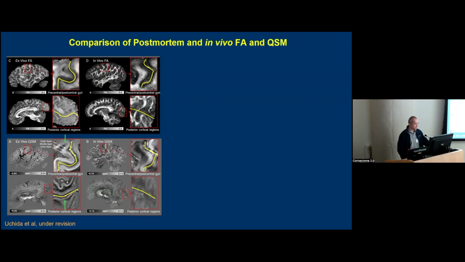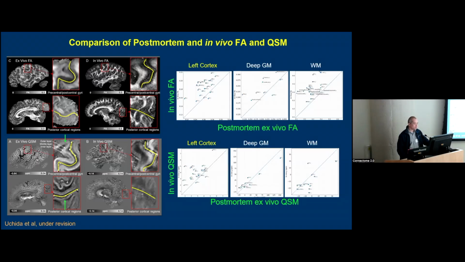So from that, we can see that the ex vivo QSM showed the best visibility of those lamina structures. But the in vivo QSM suffered a bit from motion artifacts, while the diffusion FA also showed some lamination structures, but with slightly lower SNR and less sharpness.